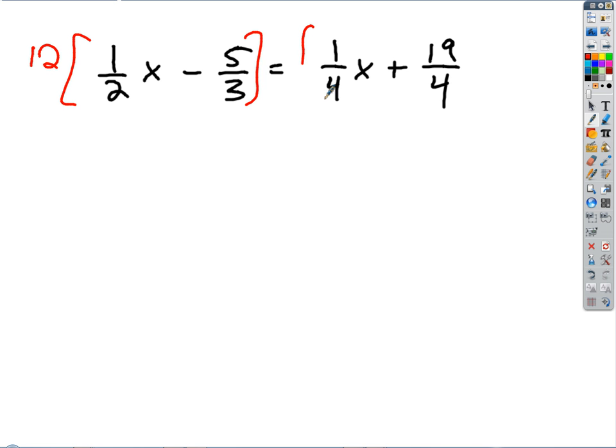This is like magic. Multiplying by 12, that's the same thing as 12 over 1, right?